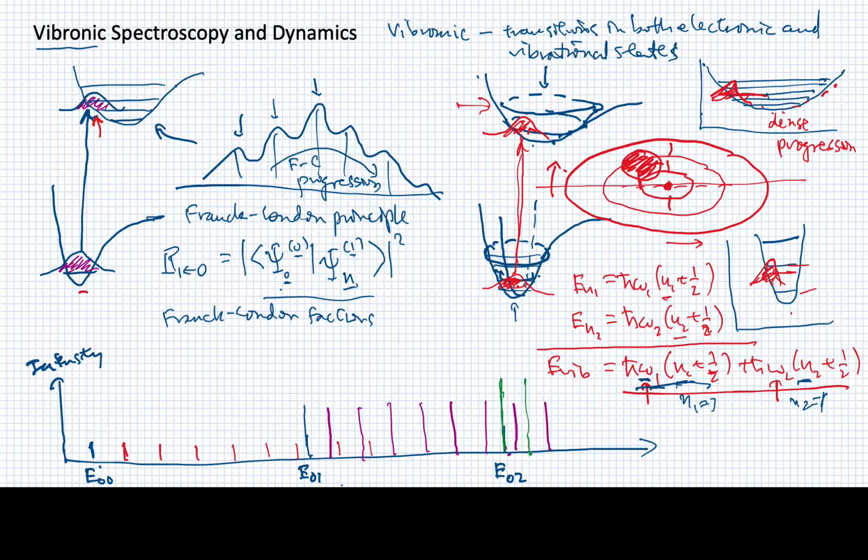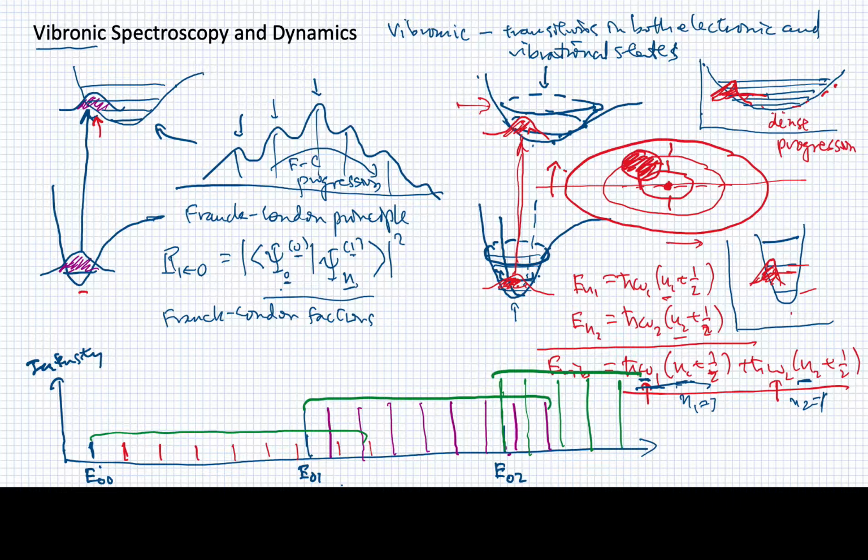I'll have lines here, here, here, and here. So what we see is I have progressions in two different vibrations. It will appear as a series of peaks built upon different numbers of quanta in the higher frequency oscillation. So I have a series of peaks here, a series of peaks here, and a series of peaks up here that would go on as well.